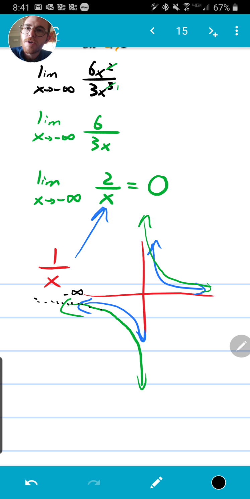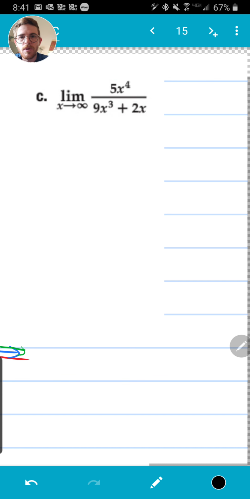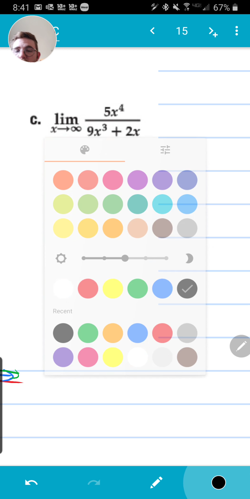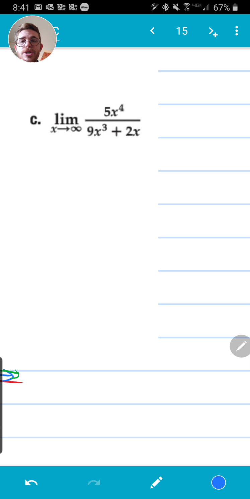If you can picture the graph in your head, that's great, but we also want to understand what that infinity is doing for us. All right, let's move on to this last one here. The limit as x approaches infinity, 5x to the 4th over 9x cubed plus 2x. All right, now we know the deal. We know how infinity is pretty crazy.